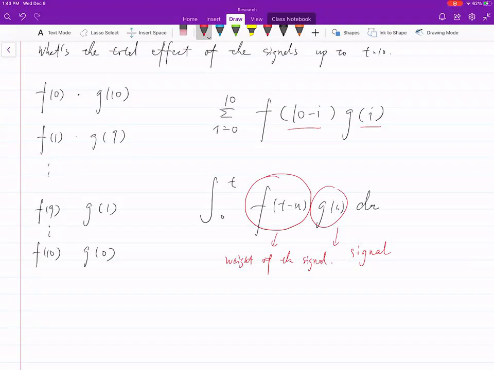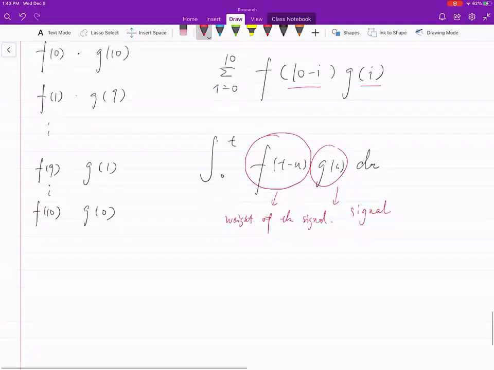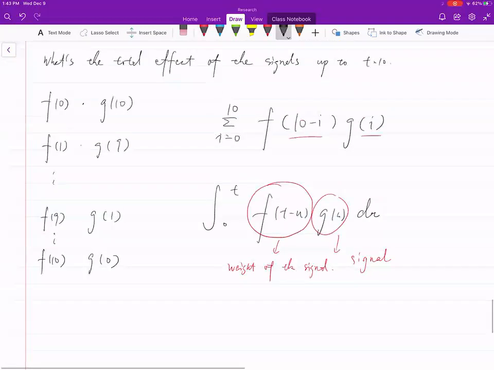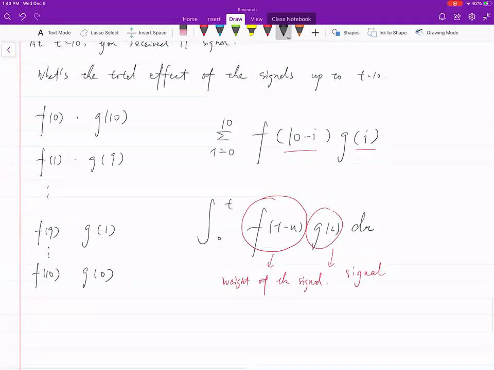And that is how convolution is actually done. And now it should make sense. Two signals coming together. Okay. Questions so far?